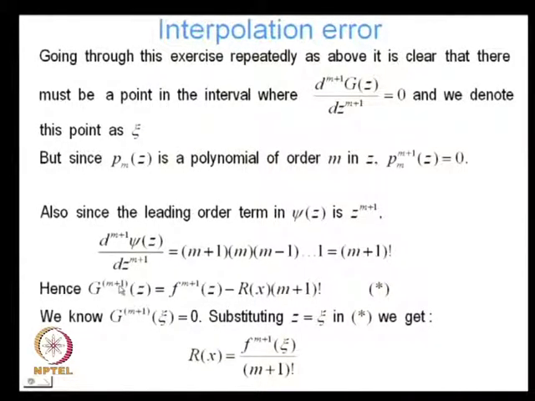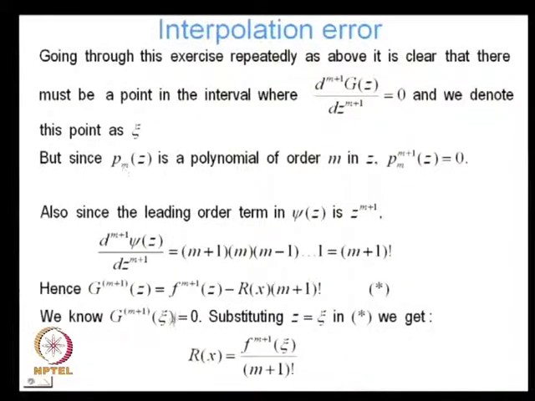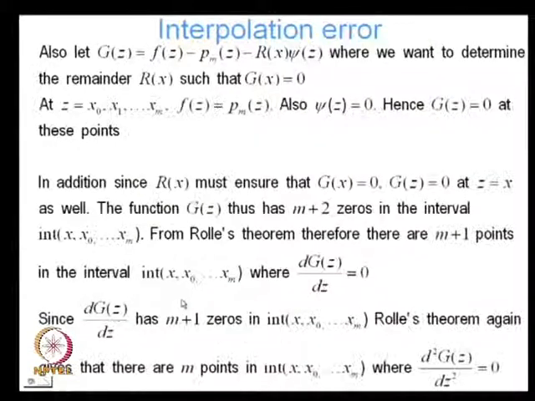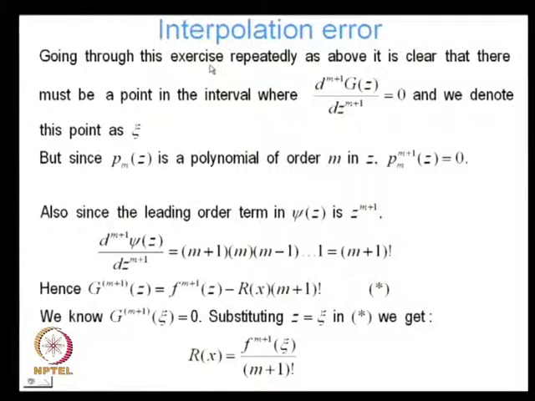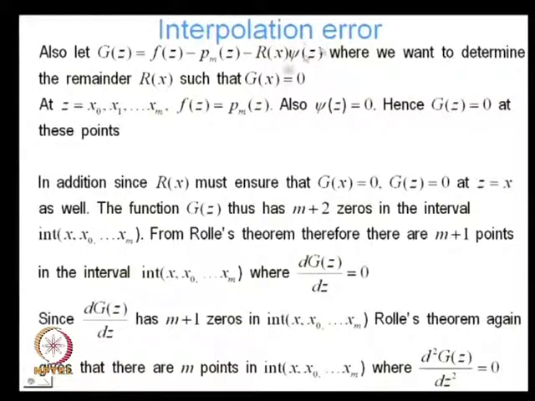Hence, if I go back to my g(z) and take m plus 1 derivatives, what do I get? I get f^(m+1)(z). Then p_m^(m+1)(z) I know is equal to 0, so that term vanishes. I have got R(x), and then the m plus 1th derivative of psi(z), which I just saw is equal to factorial m plus 1.